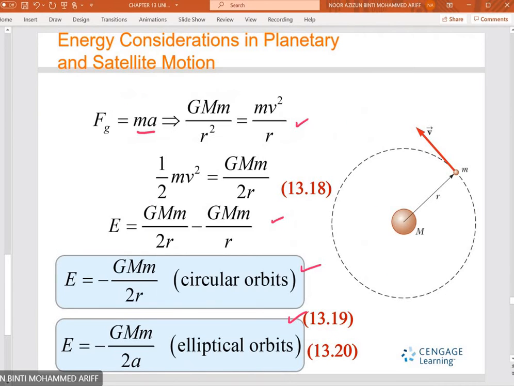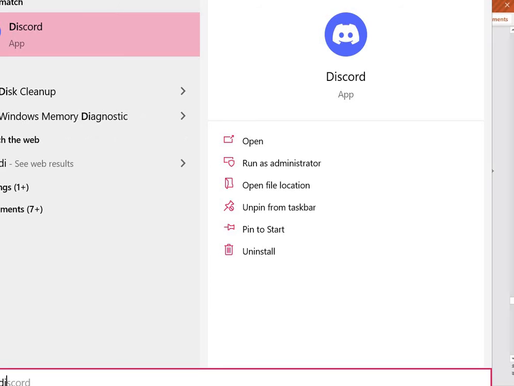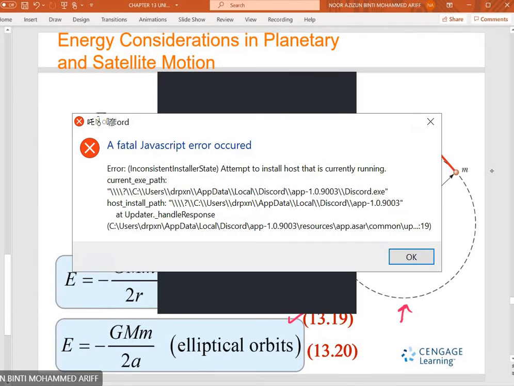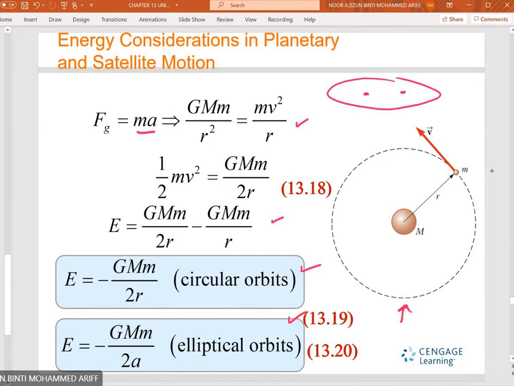Madam, yes, I have a question. What is the difference between circular orbit and elliptical orbit? Circular orbit is, as you can see, the figure 13.13, this picture. This is a true circle. Elliptical means that it has two focal points, so we call it semi-major. If you refer to the earlier pages. Media does not go through the semi-major because that is all in maths. But I would like to highlight that previously in chapter 6 we did true circle.